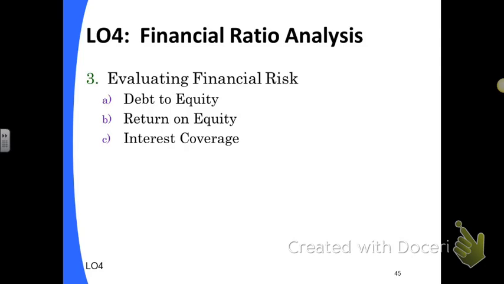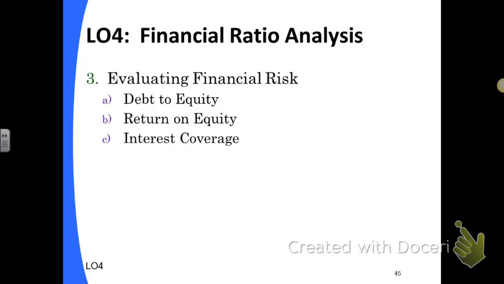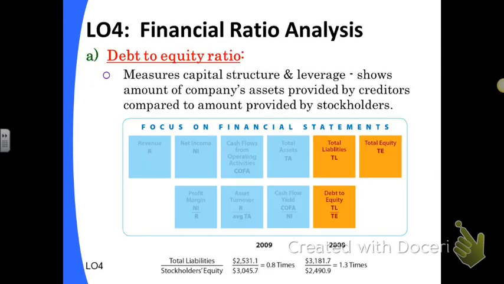Next, we're going to look at our financial ratios relative to evaluating financial risk: our debt-to-equity ratio, our return on equity ratio, and our interest coverage ratio. So, our debt to equity ratio is going to measure our capital structure and leverage and show how much a company's assets are provided by creditors compared to by stockholders.